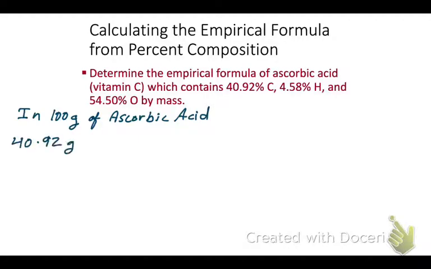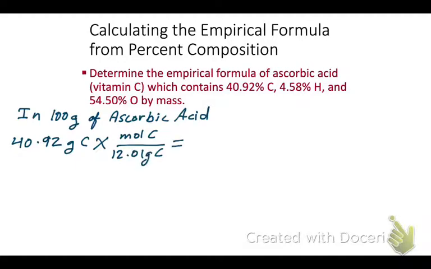40.92 grams of carbon. Now in a formula, I need a ratio which is between number of atoms. So this is why I need a quantity. I can't take grams. I have to convert to moles. So I'm going to convert that into moles, and I'm going to say 1 mole of carbon has an atomic mass of 12.01 grams of carbon.